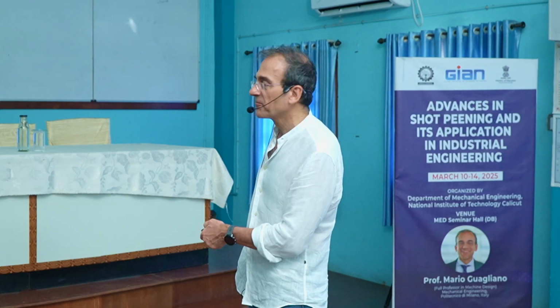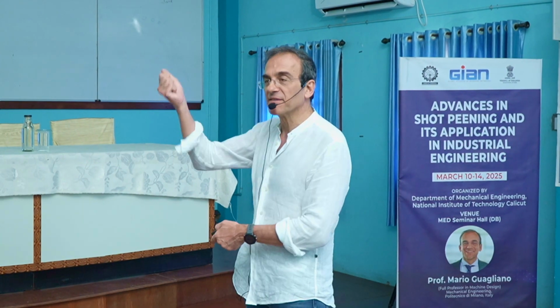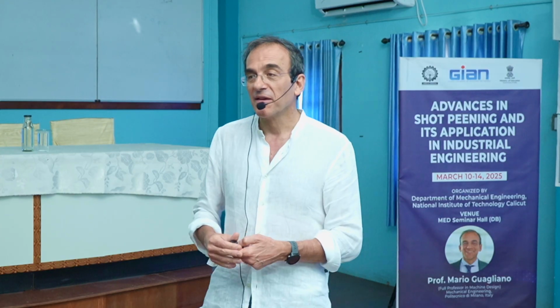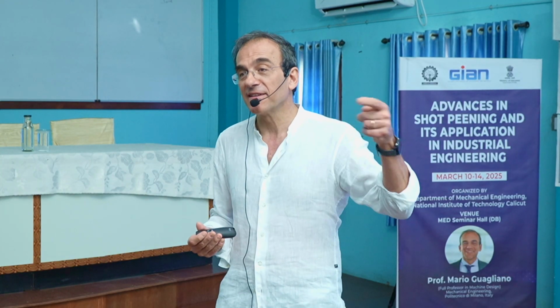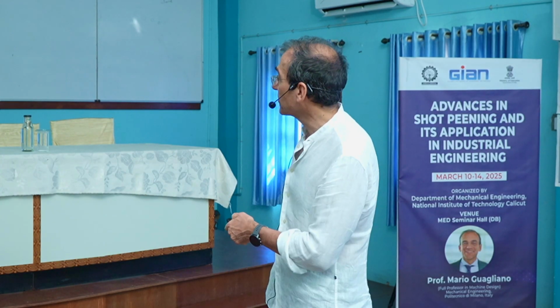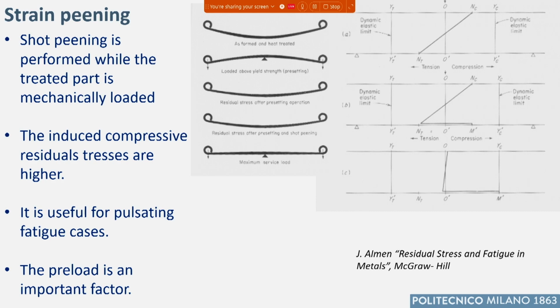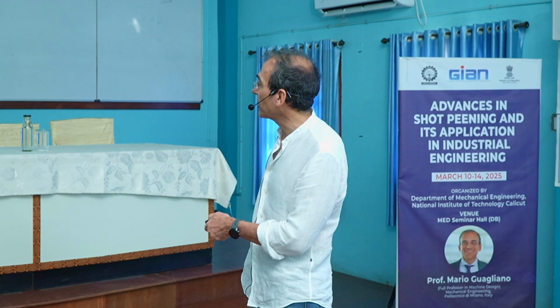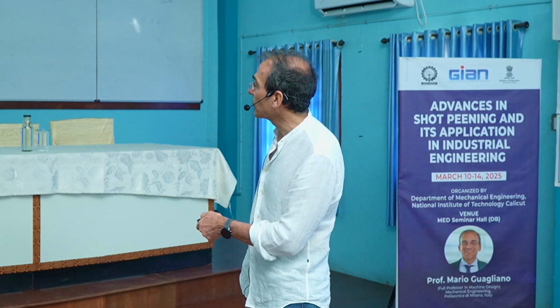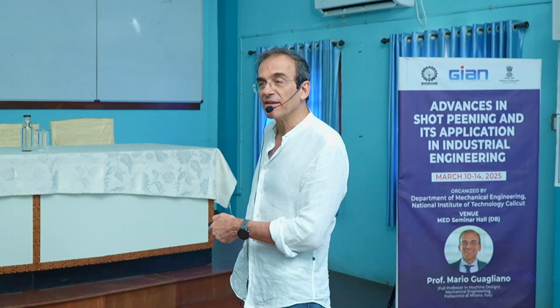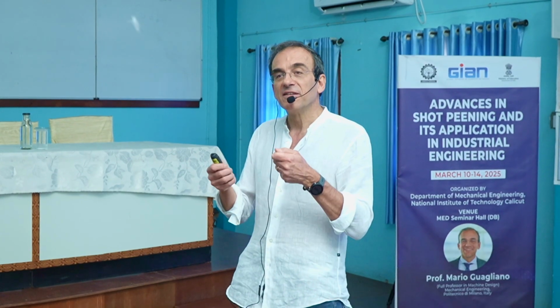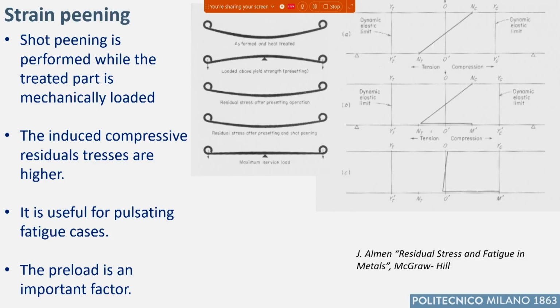Otherwise, what happens is that if the load is alternating, let's say, and changes sign, the part that is under tension will become compressed, and the part in compression will become tensioned. And if we are applying stress peening, the part that is in compression will be affected by tensile residual stresses.